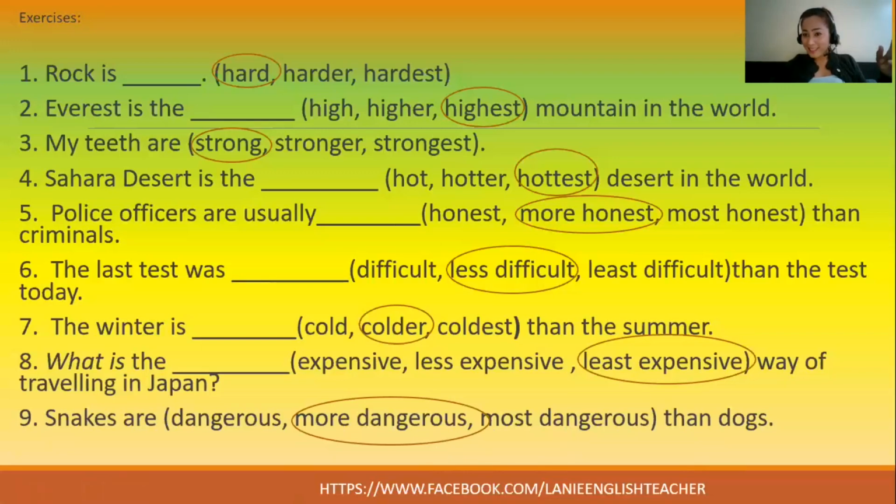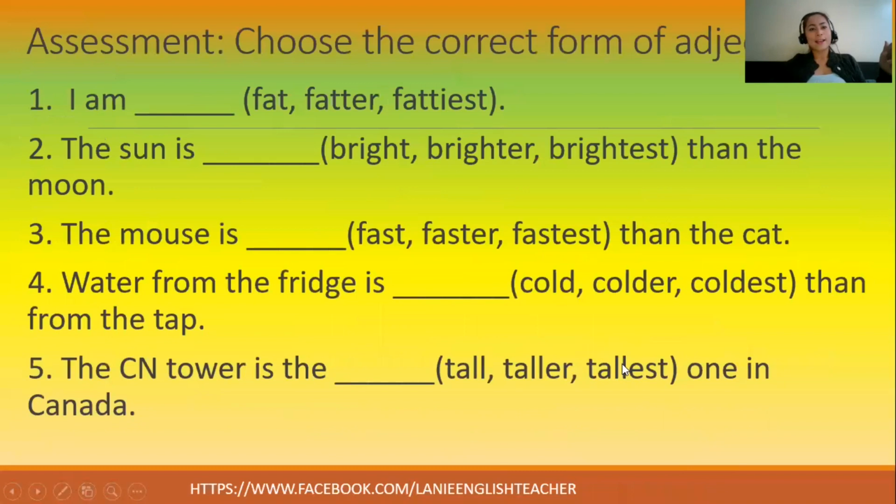All right, perfect. Now, let's proceed to assessment. Let me check if you have learned something from our lesson today. Now, in this test, you are going to choose the correct form of adjective. Now, you can just pause the video if you're going to answer this part here.